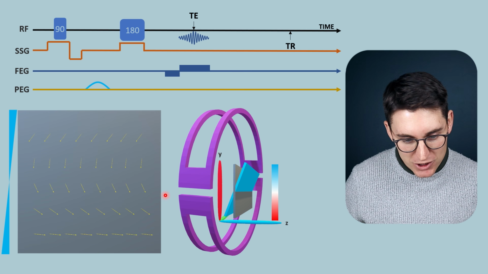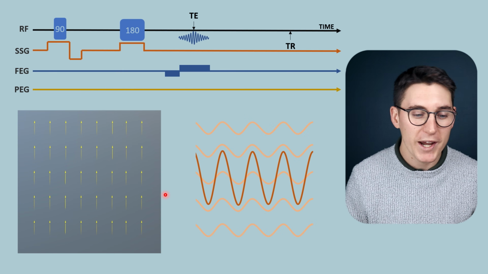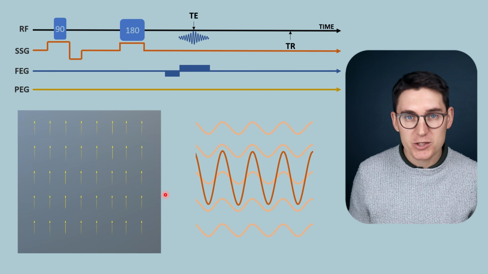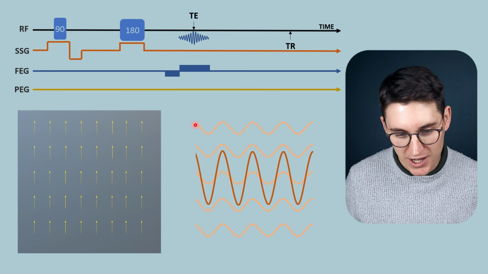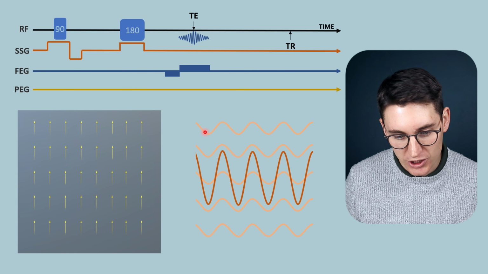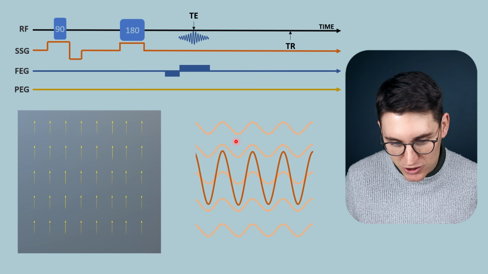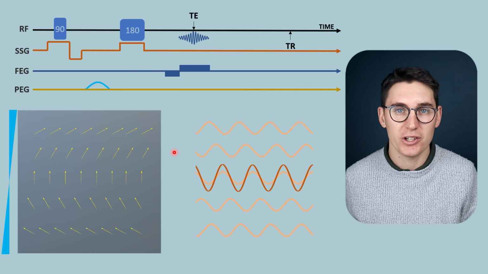Now let's see what happens to the net magnetization vector that we measure from the entire slice when we apply a phase encoding gradient. Remember, when these spins were precessing in phase and we hadn't applied a phase encoding gradient, the y-axis contributions were all in phase with one another. Now look what happens to these y-axis contributions as we apply that phase encoding gradient.